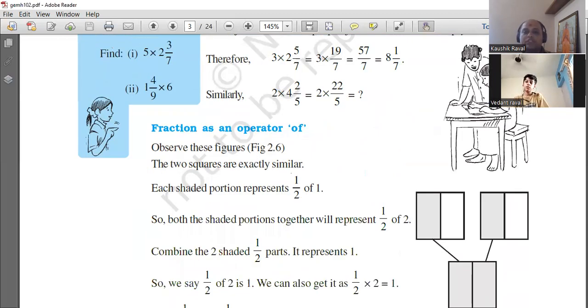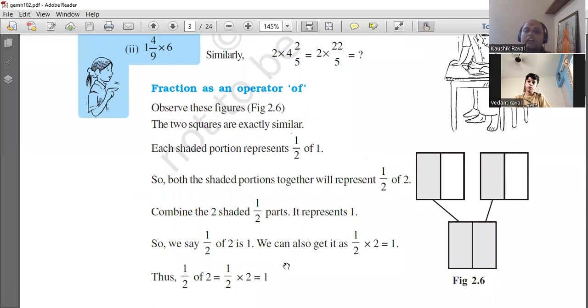And now comes the important part, the terminology, a new word, something which is very widely used in mathematics. When we say fractions as an operator of, when we say 1/3 of, 1/2 of 1, see this picture?